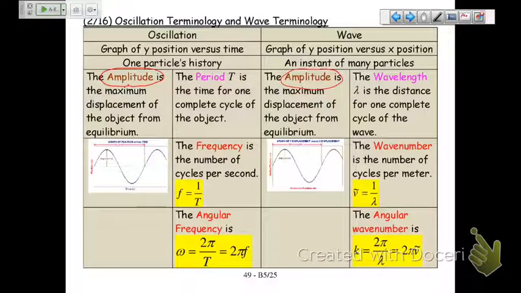The amplitude for us is from the equilibrium position to one or other of the extremes. In my wife's department, which is Communication Sciences and Disorders, they traditionally use what's called peak-to-peak amplitude, because it's easy to measure on a graph. So they'll measure from the positive extreme to the negative extreme.